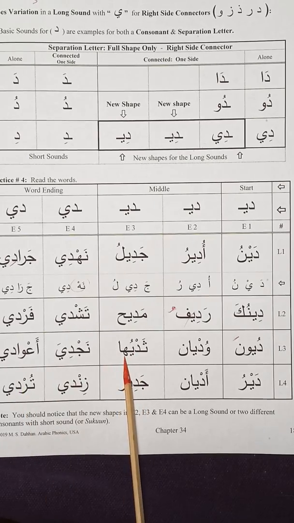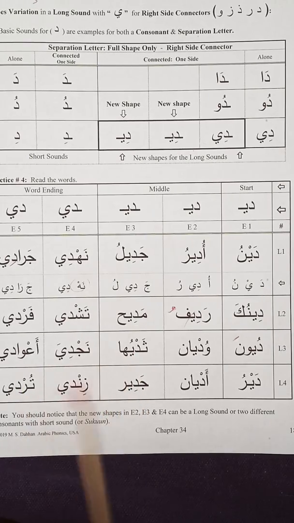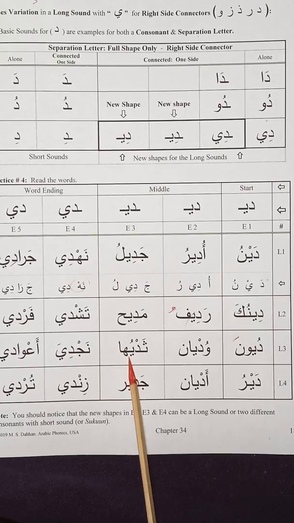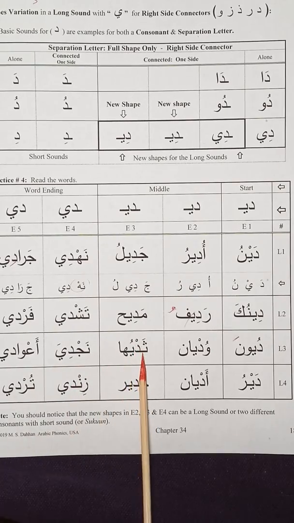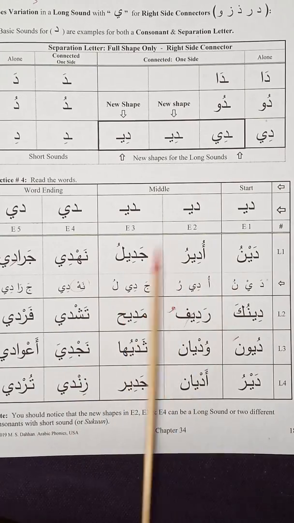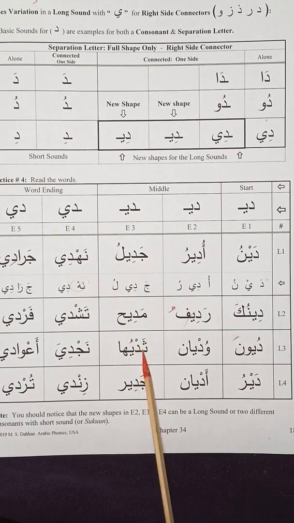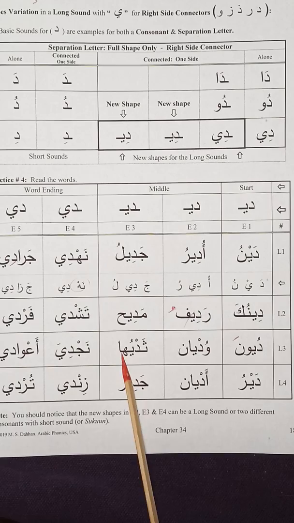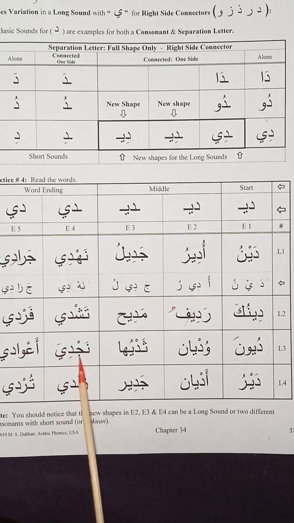Next, thad you ha. Again, these two together here, it's very clearly not a long sound D. Why? Because every one of them has its own vowel. So it's two different consonants here. One of them is sukoon, one of them is the vowel here.